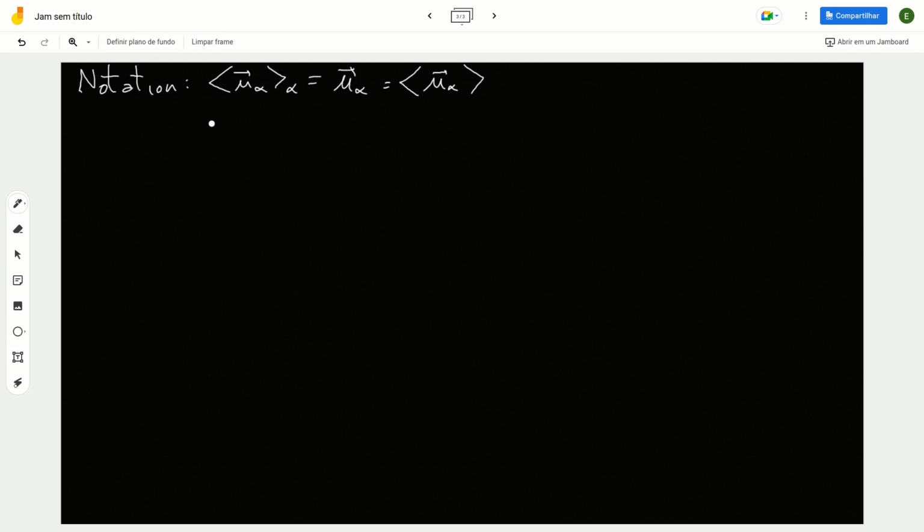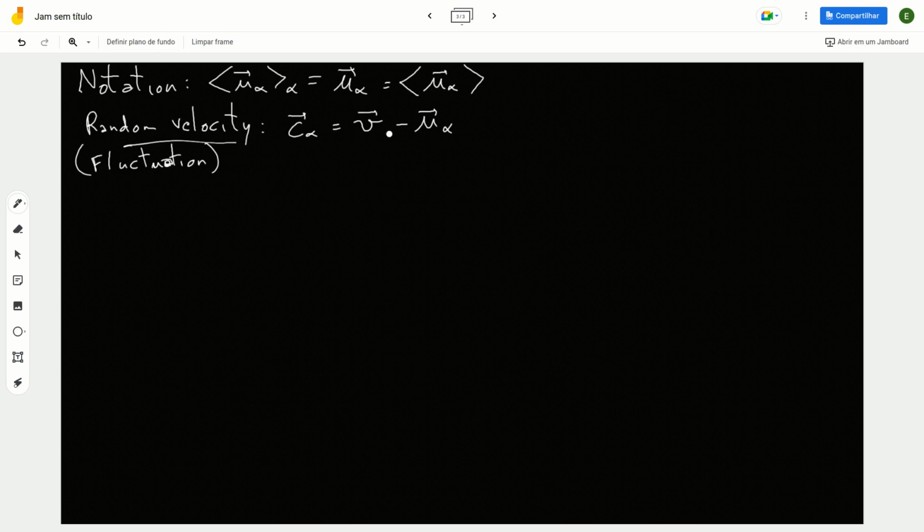There is a fluctuation or random velocity, which is defined as, let's use c for this. It's the particle velocity minus the average velocity. That's also called the fluctuation velocity.